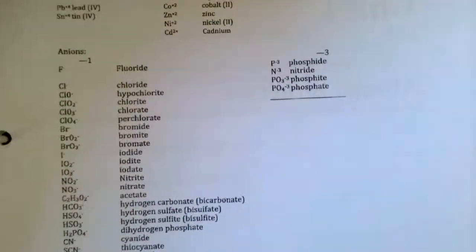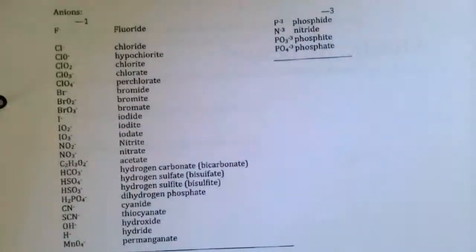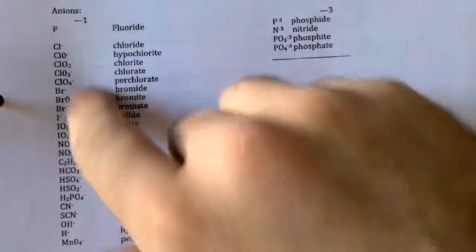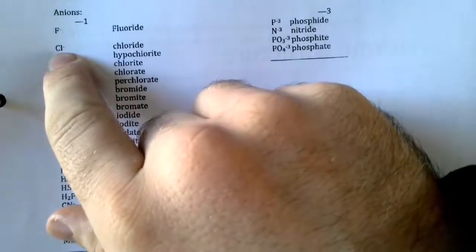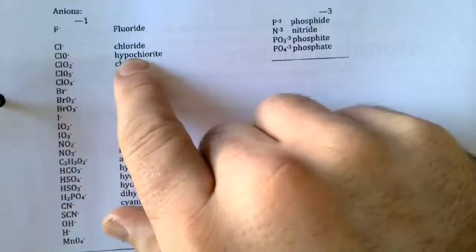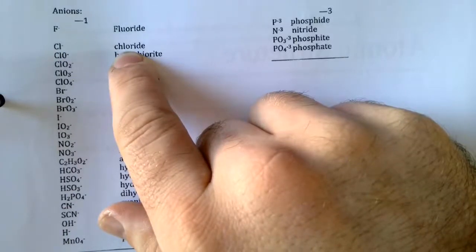So let's look at some of these anions. And then we'll start looking at some examples. So here I've got Cl minus. That's just a regular chlorine anion. It's monatomic. So again, chlorine becomes chloride.